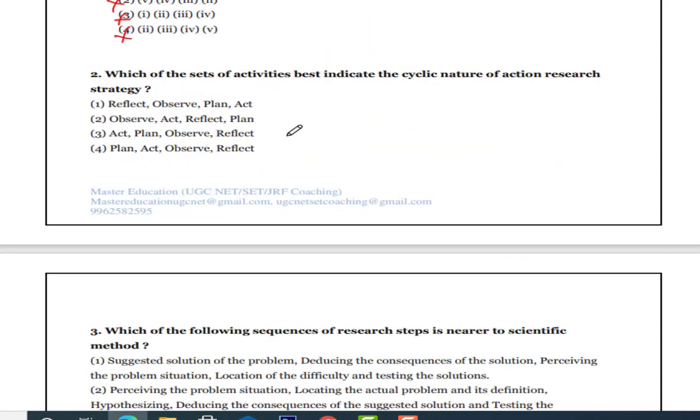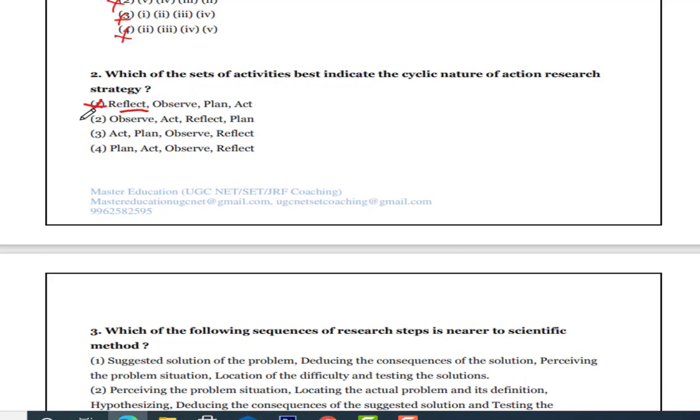The second question: which set of activities best indicates the cyclic nature of action research strategy? First of all, we need not see all the options, the full sentences. We first see reflect. The initial step cannot be reflect, right?